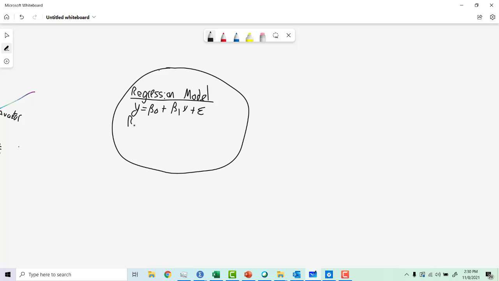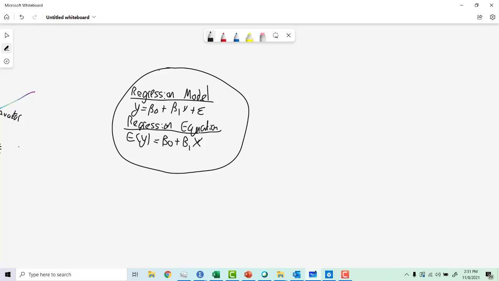And then we have a regression equation, and basically all this is saying is that the mean of y without the error is beta 0 plus beta 1 x.